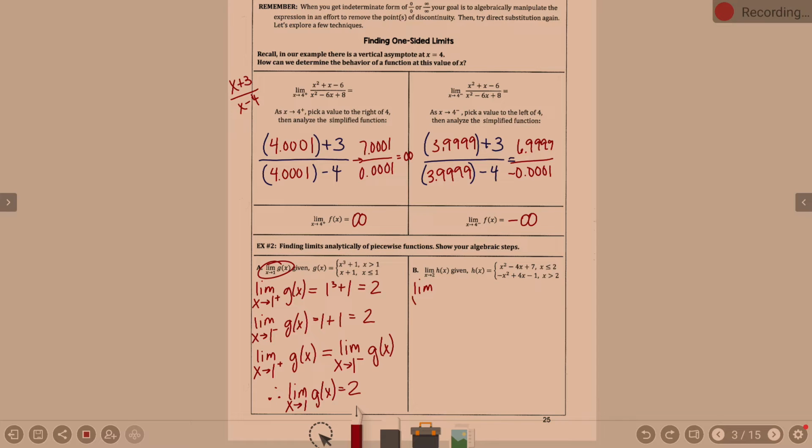The limit as x approaches 2 from the right of h of x. Which one am I plugging into for 2 from the right? The bottom one, where x is greater than 2. So I'm going to do the negative of 2 squared plus 4 times 2 minus 1.